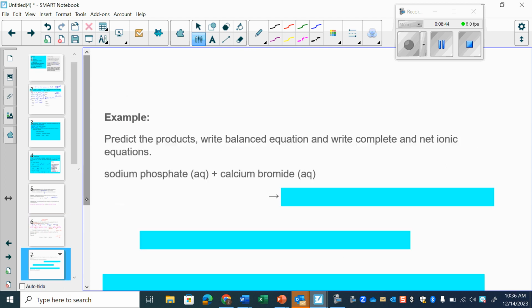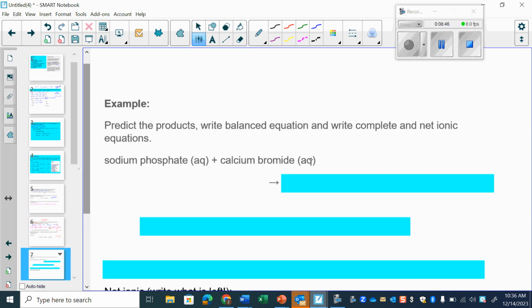So if I take sodium phosphate and calcium bromide, it will give me sodium bromide plus calcium phosphate.